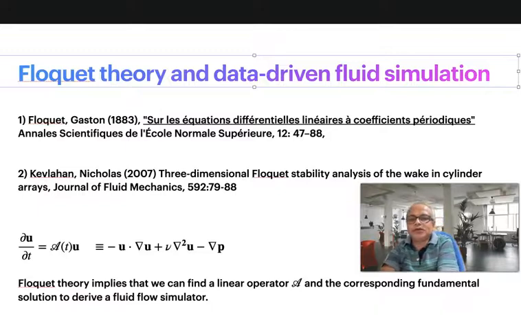Instead of doing the stability analysis, I'm going to take some fluid flow data as time snapshots. I'll consider this u vector written here as the fluid velocity. In some domain I have some grid points, and at all grid points I have a fluid velocity at time t1, then at the next time step, time t2, and so on.